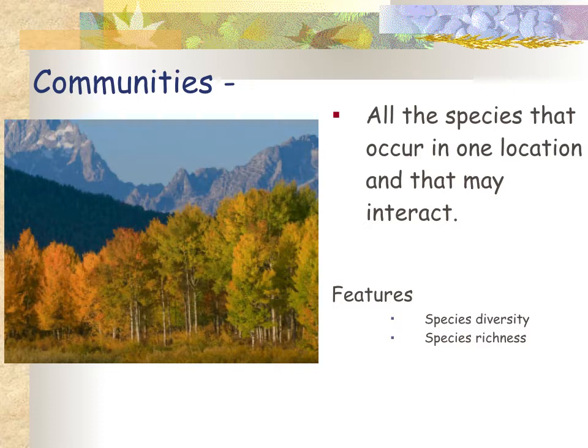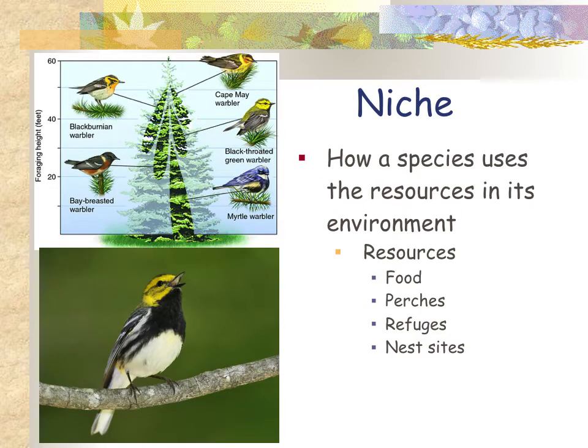Each species that lives in a community or a habitat has its own niche. It's a term that kind of refers to the role that a species plays in a community. And so it's how the species uses resources like space, food, maybe nesting sites or areas that it escapes from predators.